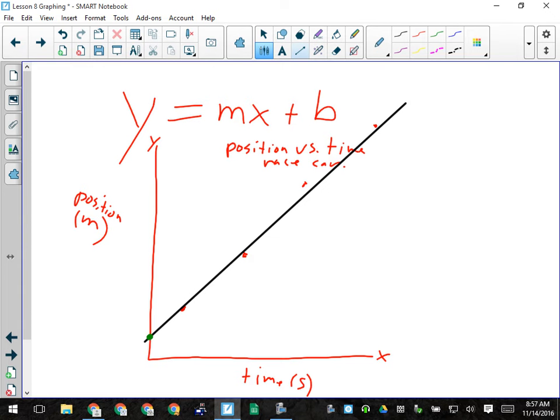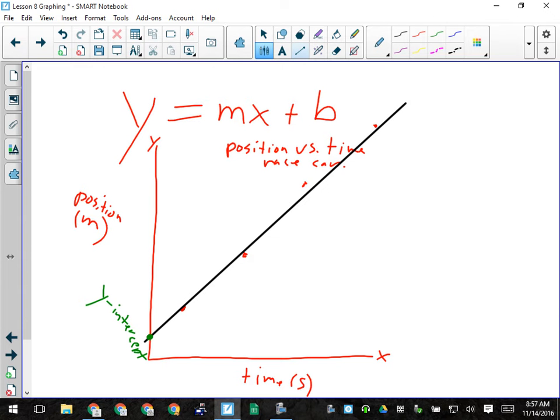So it didn't start at a position of 0, it started up here somewhere. Maybe it got a head start on some other cars, something like that. This is called the Y-intercept, and you might just want to draw a quick and dirty representation of this somewhere in your notes, because I don't think it's really in there. We changed how we do graphing last year, and we just haven't updated the notes package yet.